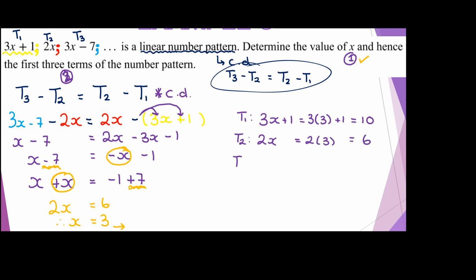And our third term is equal to 3x minus 7, which is 3 multiplied by 3 minus 7, which is equal to 2. And so here we have the first 3 terms of our sequence successfully solved, nice and clean, nice and easy.